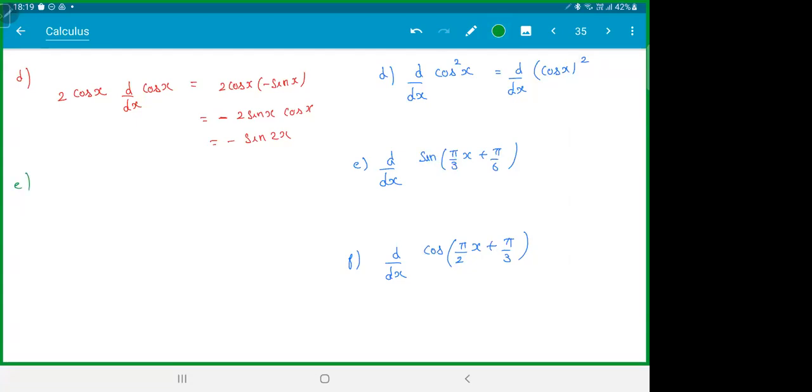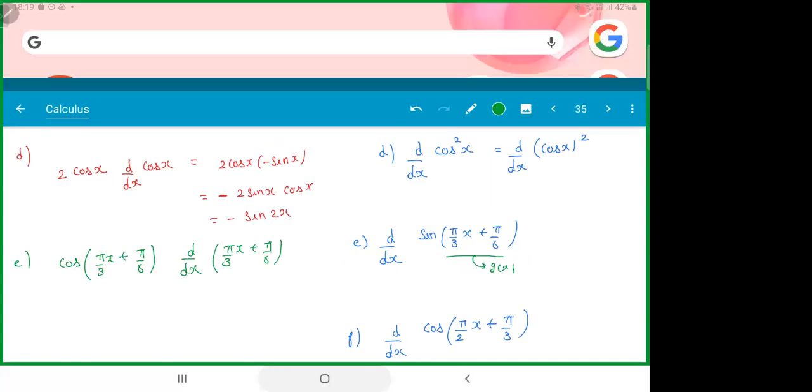What about E? This looks like sine of a function inside. So this whole thing is g of x inside. So sine of something, the differential of sine is cos of that function, and then differentiate whatever function is inside. Remember, pi is a constant.